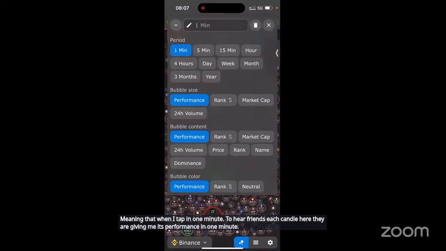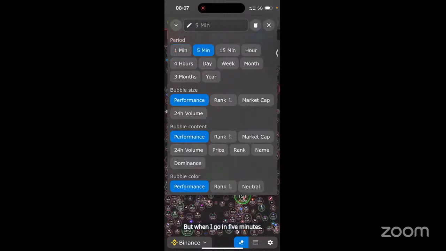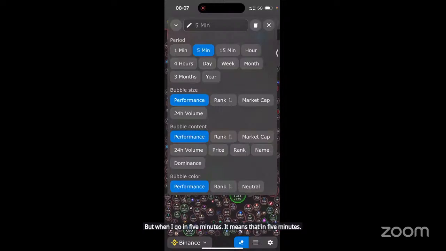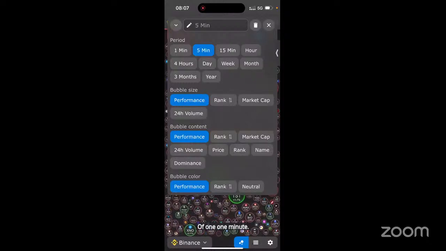But when I go to 5 minutes, it means that I would have 5 candles of 1 minute in 5 minutes, but since now we are looking at 5 minutes, we are having 1 candle.